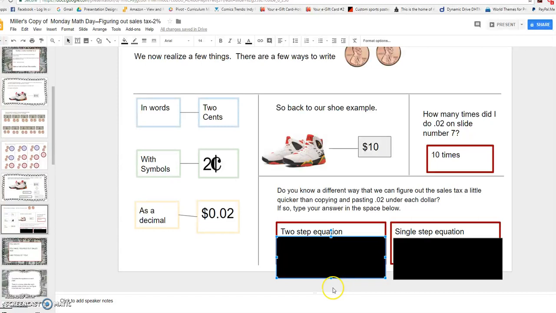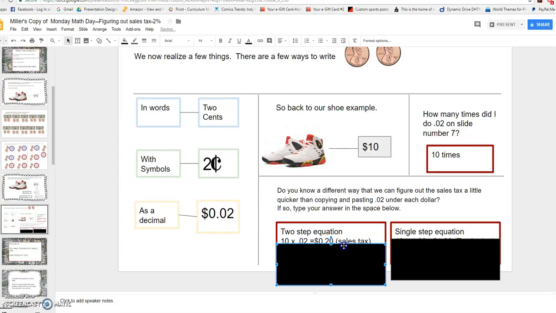Okay, my friends, so what I did is I did both a 2-step equation and a 1-step equation so that you could see the difference. So whichever way is easiest for you is fine with me. So what we have here is we knew that the sales tax was 0.02, which is the same as 2%, and I needed to do that 10 times. So 10, here's my 10, times 0.02, which is right here, equals 20 cents.